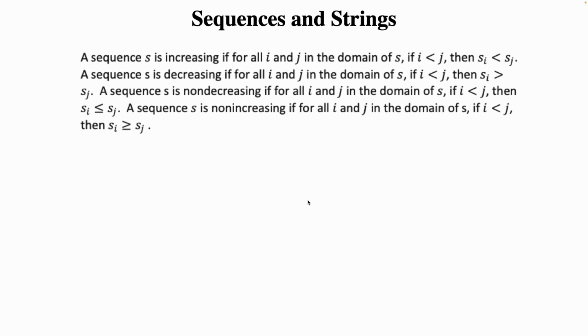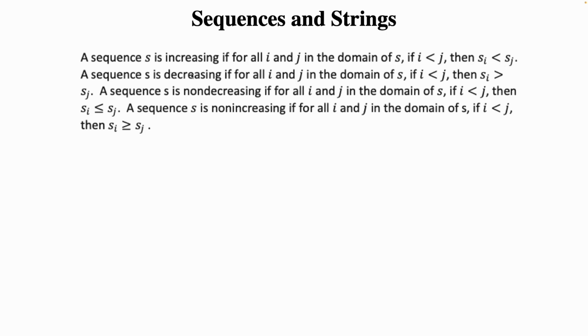Okay. Since sequences are actually functions, they have all the same properties as functions, from real number functions you probably studied in earlier courses. So a sequence S is defined to be increasing if for all i and j in the domain of S, if i is less than j, then S_i is less than S_j.